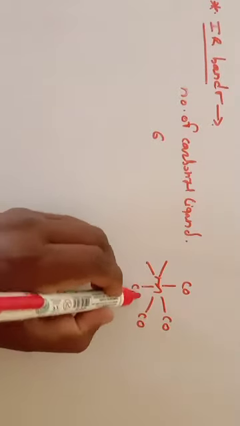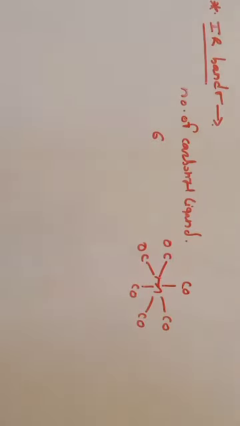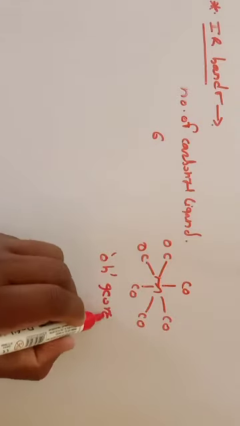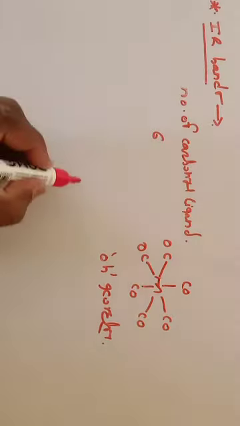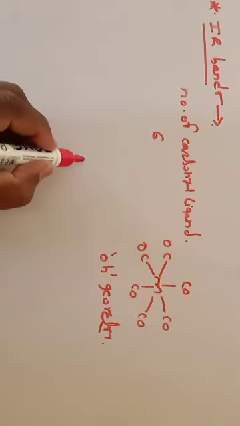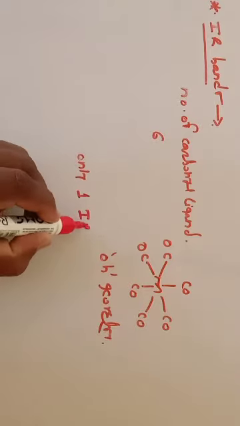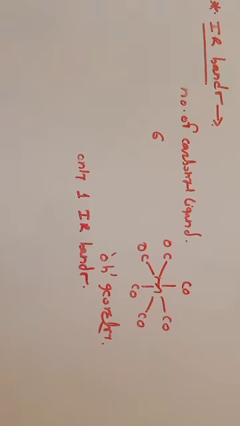and we know that octahedral geometry is of higher symmetry. All these carbonyls are equivalent, and we get only one IR band for this carbonyl complex.